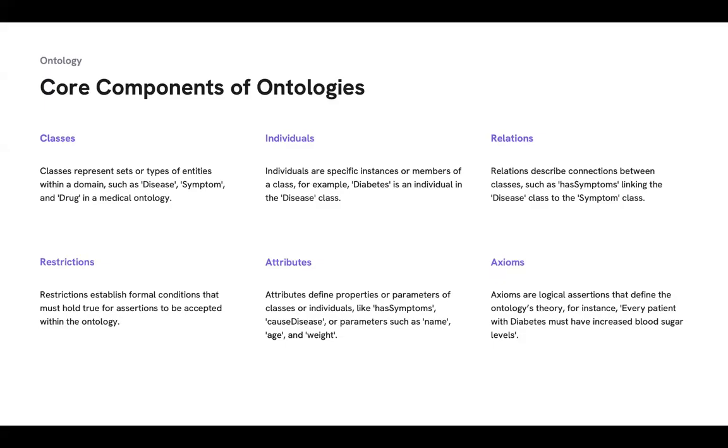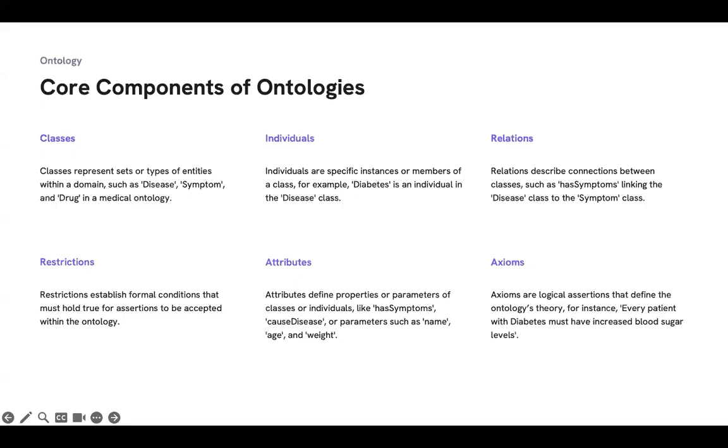There are things we call cardinality also as part of restrictions, which is saying what are the different varieties of ways a date, for instance, can be represented. A date of birth could be represented as a string, could be as an integer, for instance, if you're thinking of it as age or things like that. So this is where those are made possible.